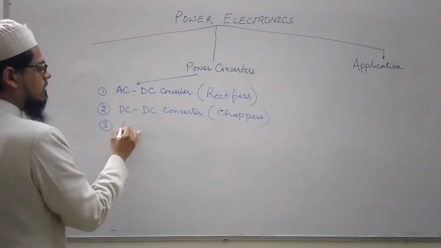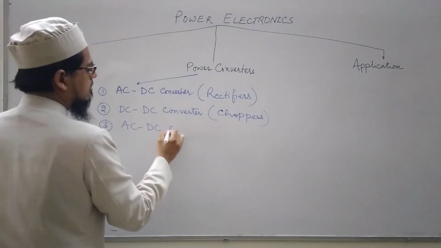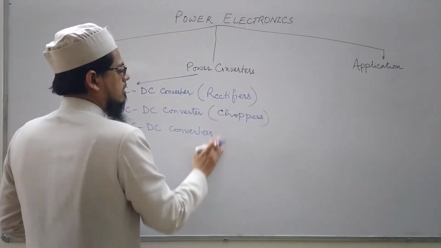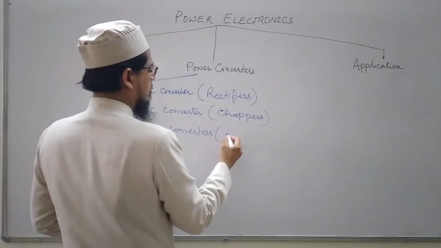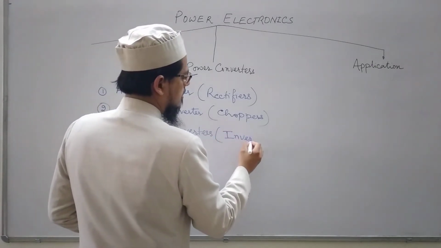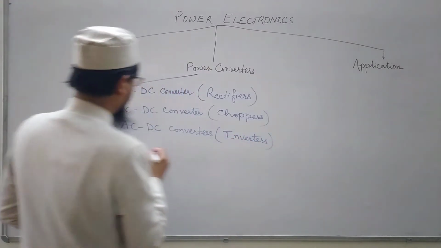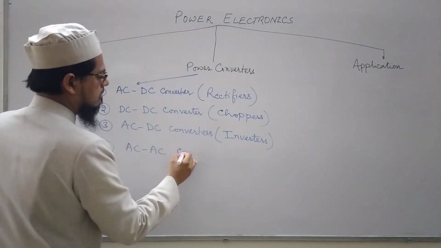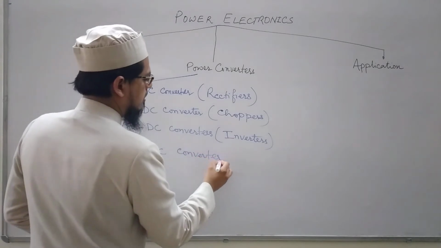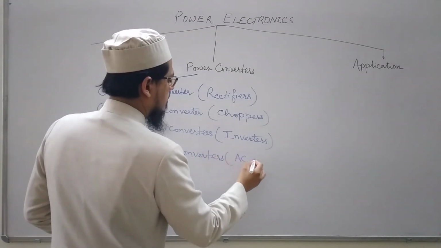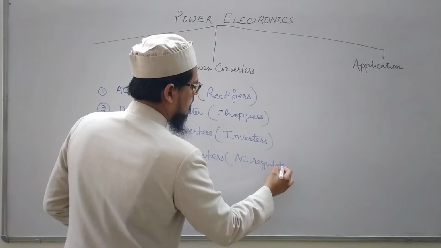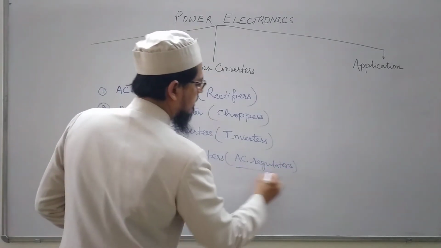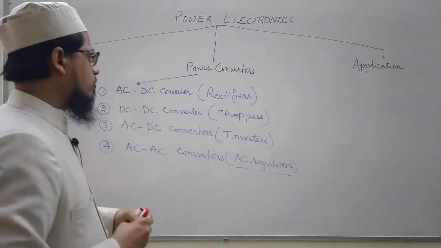Then we have AC to DC converters, and they are called inverters. Then finally we have AC to AC converters, which are also called AC regulators. There are other names of this converter also.